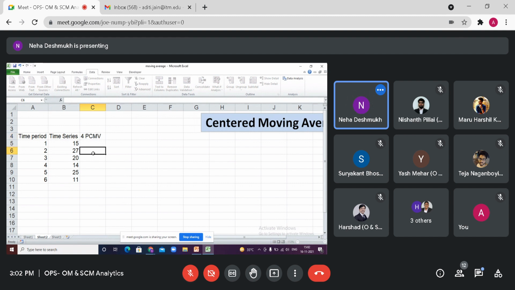It is a 4 period moving average. You can calculate it from these values 1, 2, 3, 4 and enter. What should be the next one?